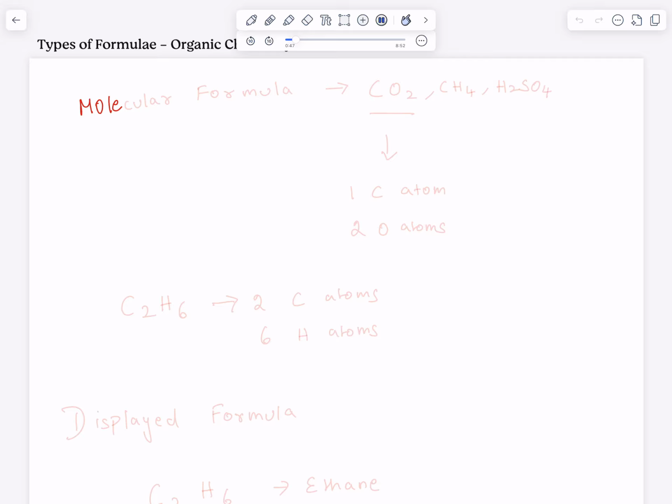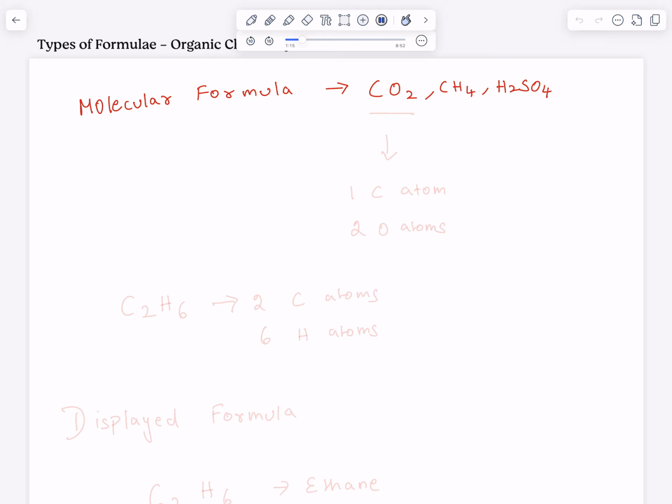Since your journey into science from year 7, you might have learned formulas of various compounds such as carbon dioxide, methane, sulfuric acid. Carbon dioxide is CO2, methane is CH4, sulfuric acid is H2SO4. What does this show you?